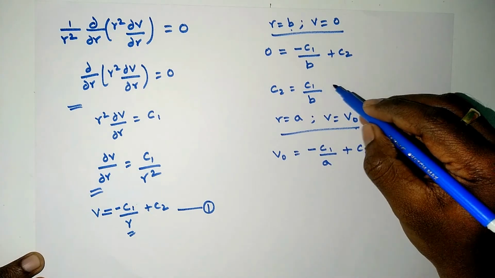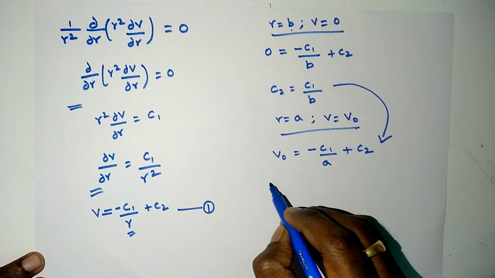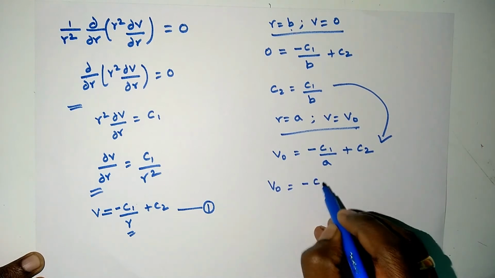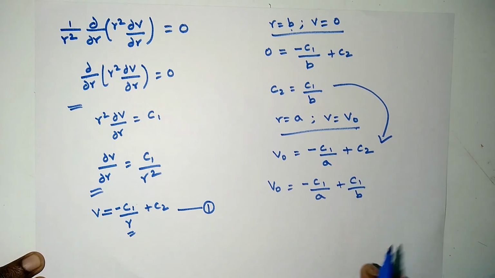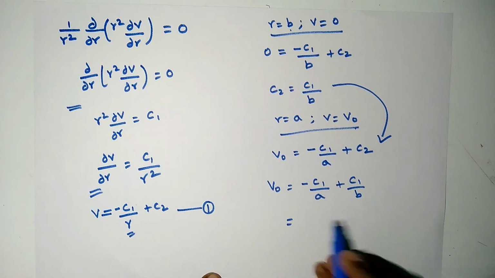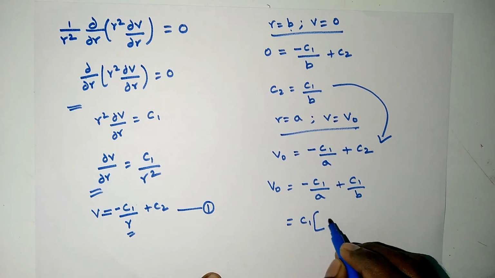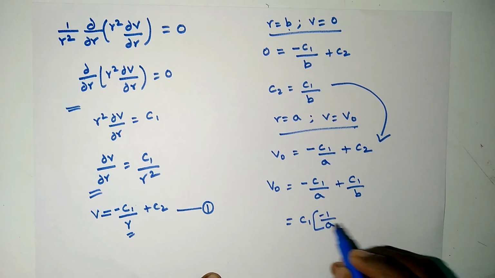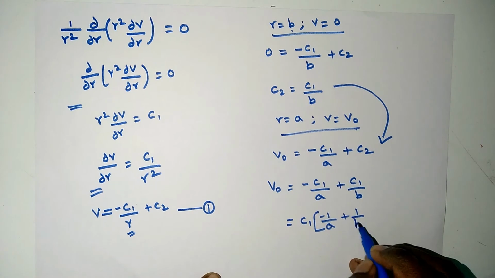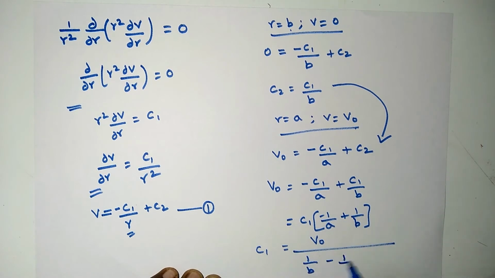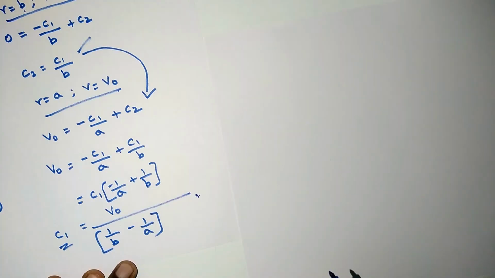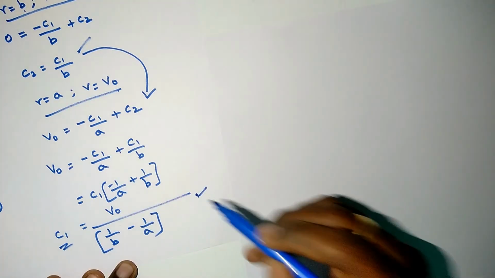So substituting this value here, V0 will be equal to minus C1 by a plus C1 by b. So this will be equal to C1 into minus 1 by a plus 1 by b. So the value of constant C1 will be equal to V0 divided by 1 by b minus 1 by a. Now we have determined the constant C1.